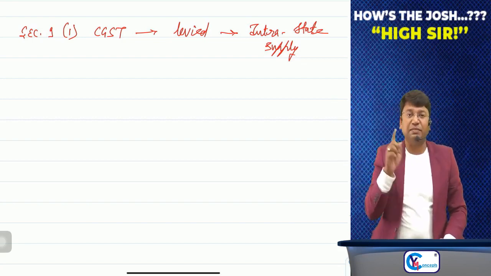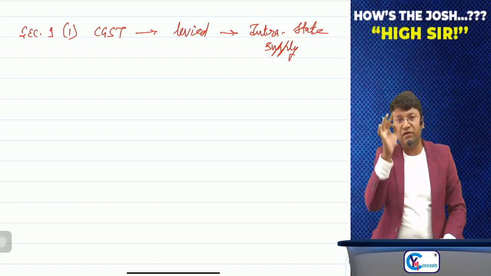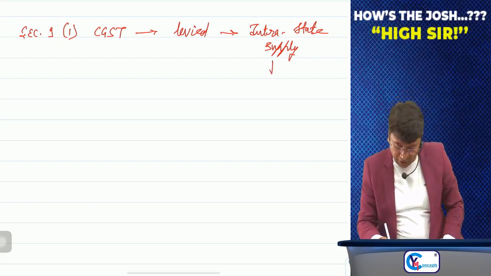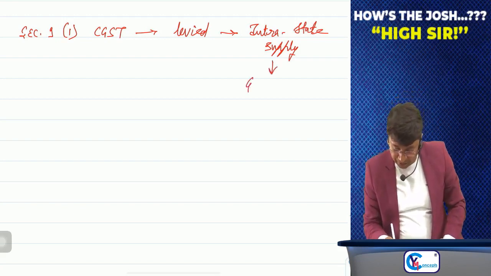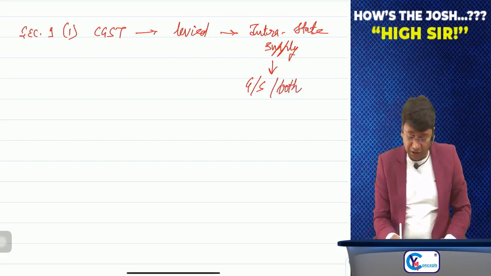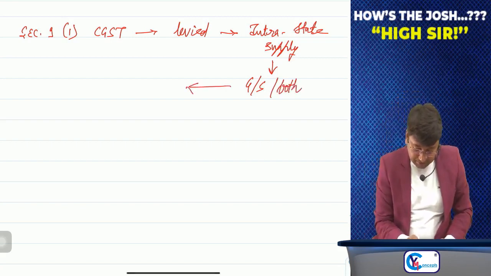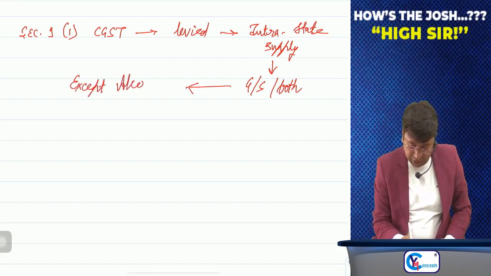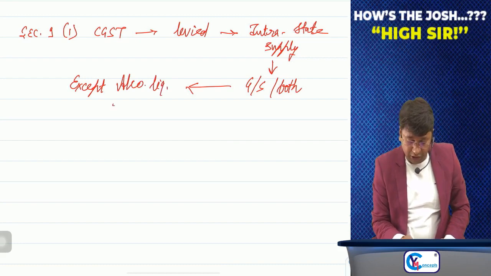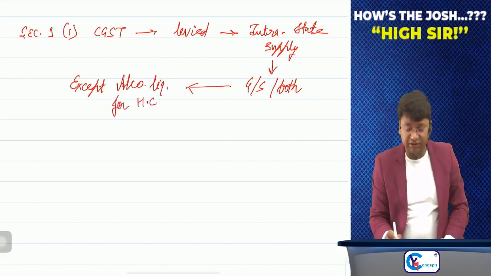Here, section number 9, subsection 1 says that CGST will be levied on intra-state supply of goods or services or both, but except alcohol, liquor for human consumption.